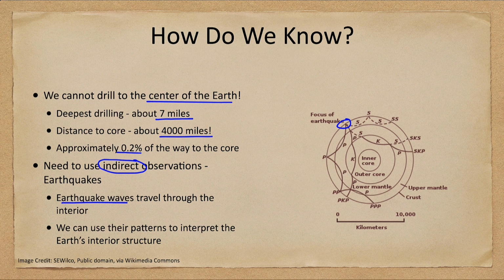So certain waves cannot travel through liquids and they will not get to the other side. And that tells us about the liquid portion of the core. So we can learn that by looking at all of these earthquake waves, even though we cannot come close to getting down toward the core of Earth.